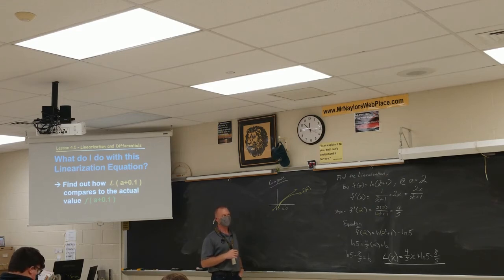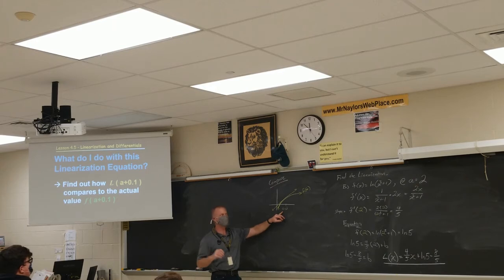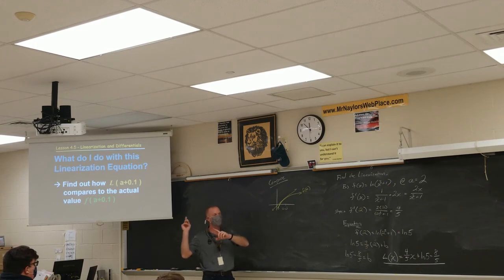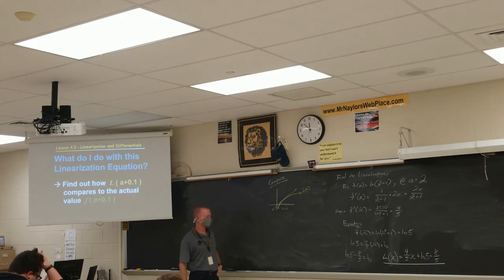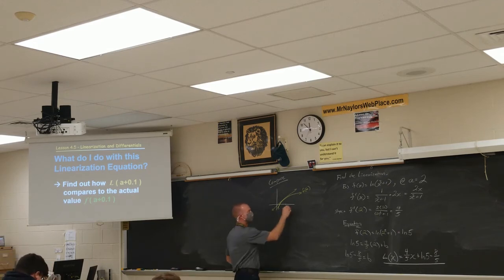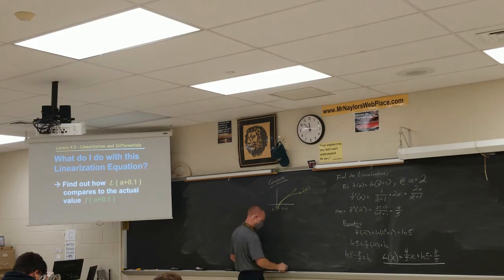So here's the part where people are like, well, why is it 0.1? Well, it's not just 0.1, it's my new x, my x value plus 0.1. It's like a new place. So it would be maybe right here. It would be at a equals 2.1.